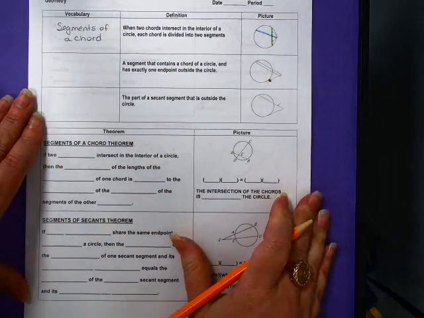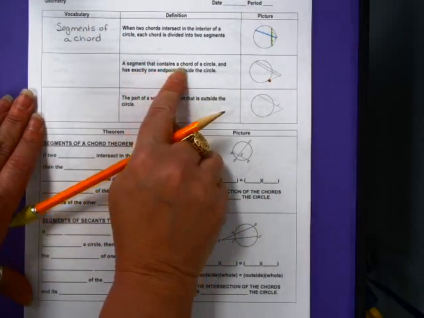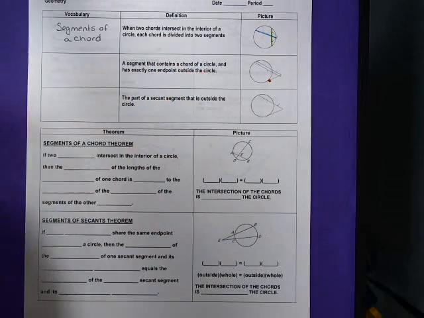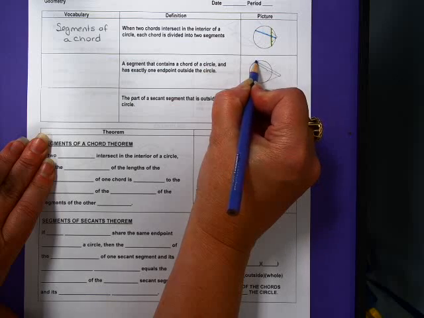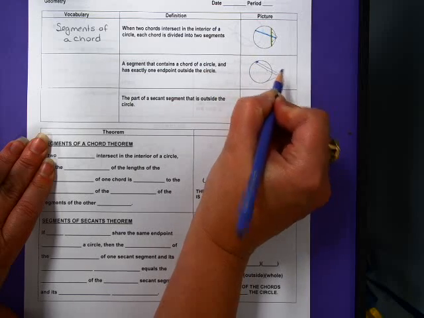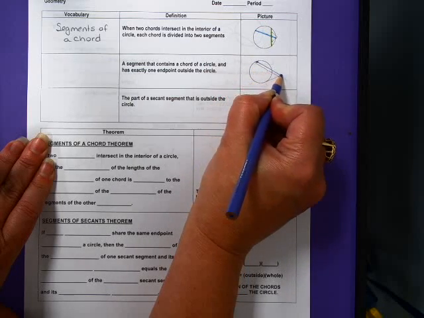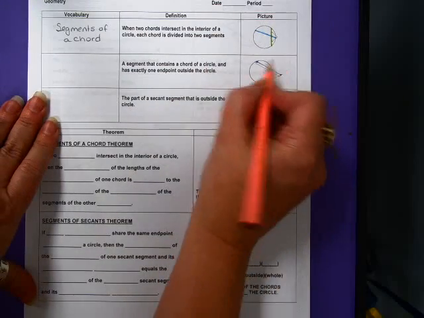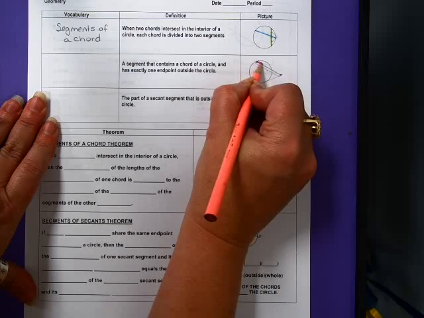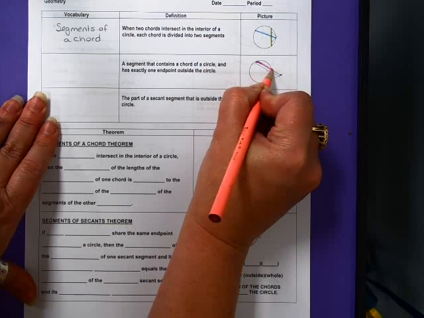On this next one, it says a segment that contains a chord of a circle. So we have this segment that's from here to here, this purple segment. Inside this segment, we have this chord. So I'm going to highlight just this part of it.